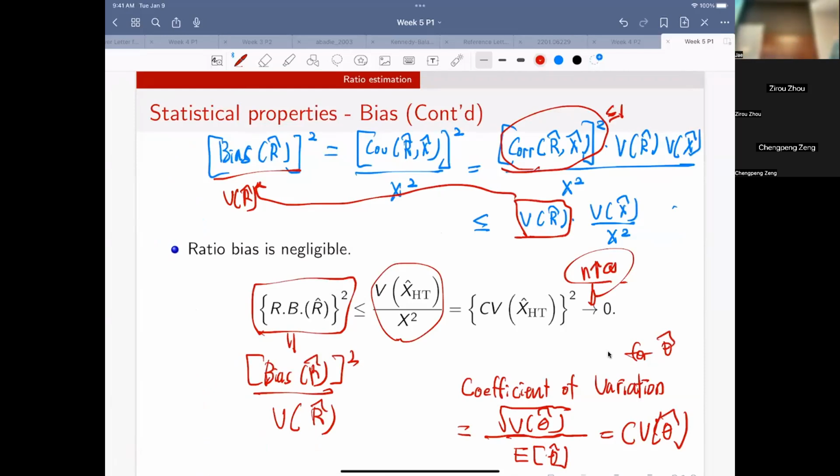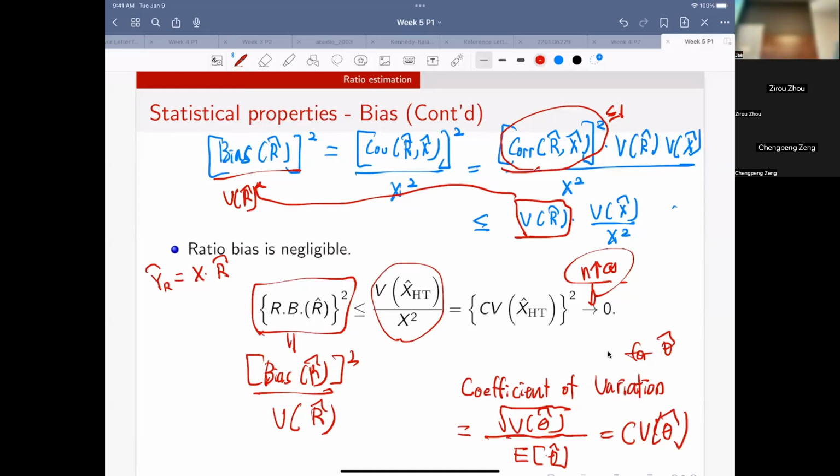How is it connected with the property of the ratio estimator? The ratio estimator Y hat R is X times R hat, and I only discussed the property of the ratio, not the ratio estimator.